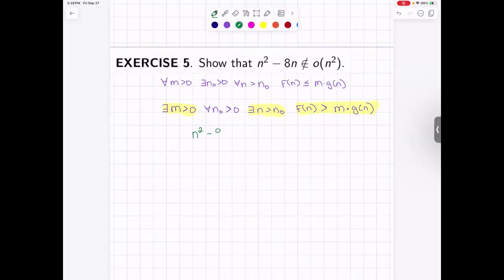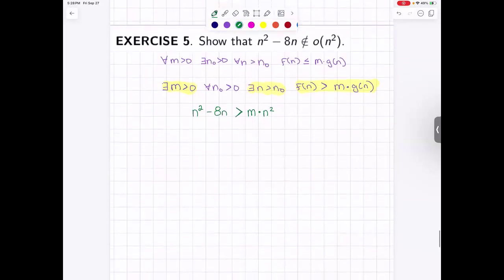n squared minus 8n is going to need to be strictly greater than m times n squared. So starting with this information, we realize that we have that difference of sums again. So we're going to use that factoring out trick, and we're going to pull out that n squared.